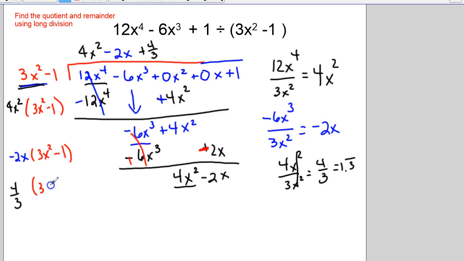Let's take 3x squared minus 1. Let's distribute. So here's my side work on this. 4 over 3 times 3x squared over 1. The 3's cancel, and I get 4x squared. So that's my first term, 4x squared. Then when I multiply 4/3 times a minus 1, I get a minus 4/3.